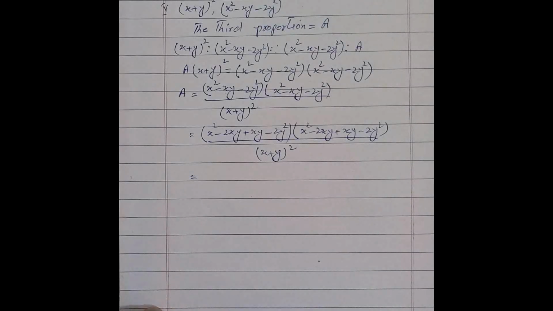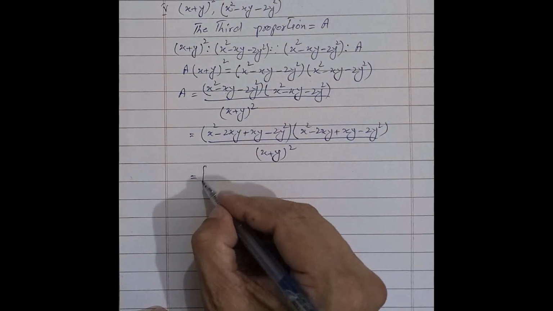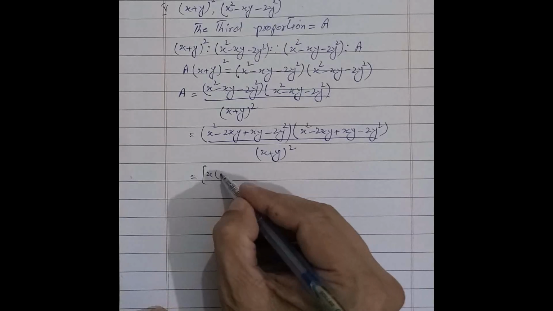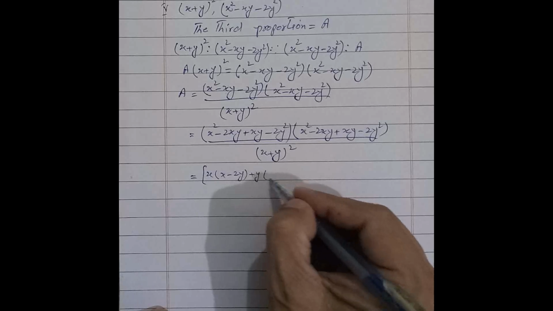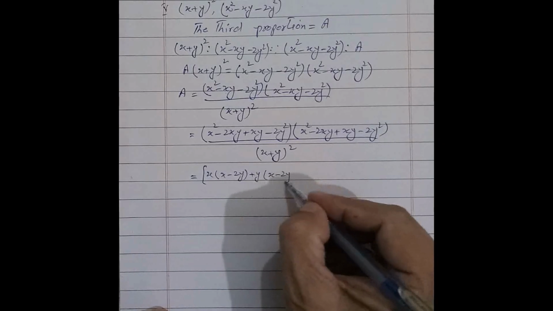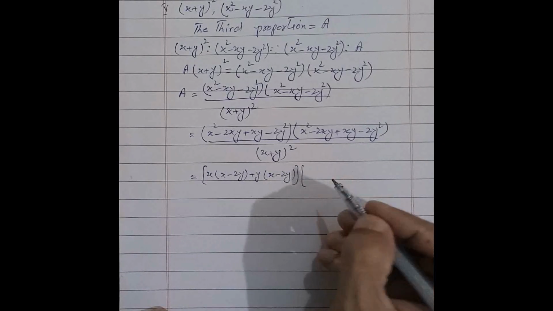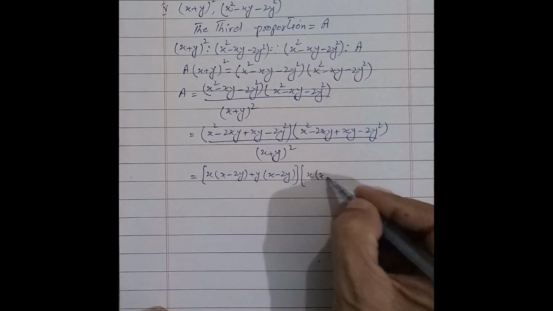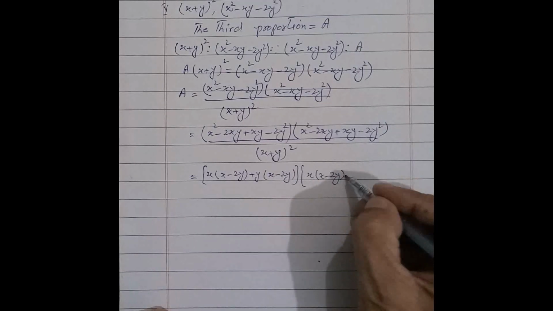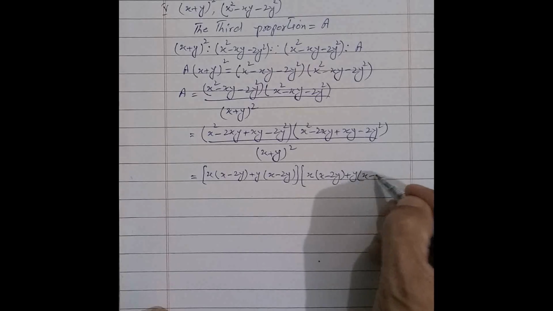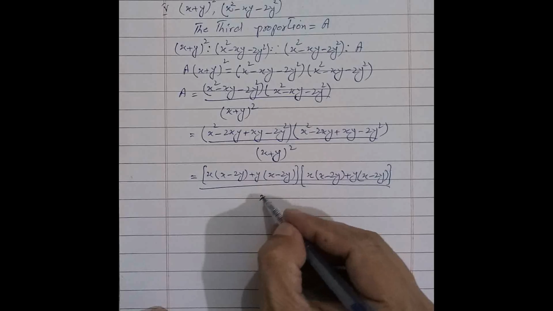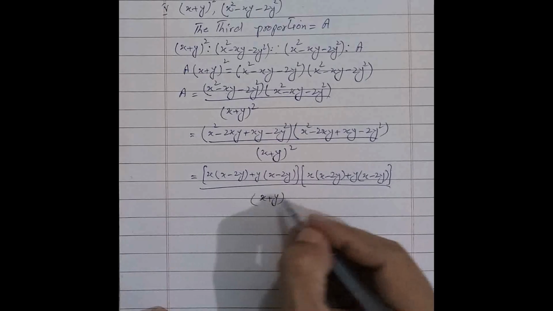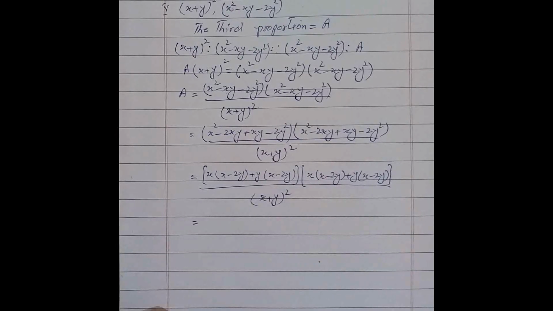Now by simplifying these values we get: common x − 2y plus y(x − 2y), and the other value is (x − 2y) + y(x − 2y) over (x + y)².